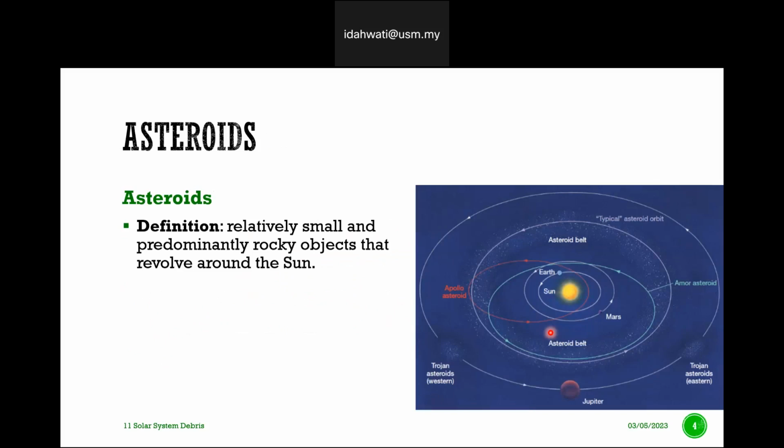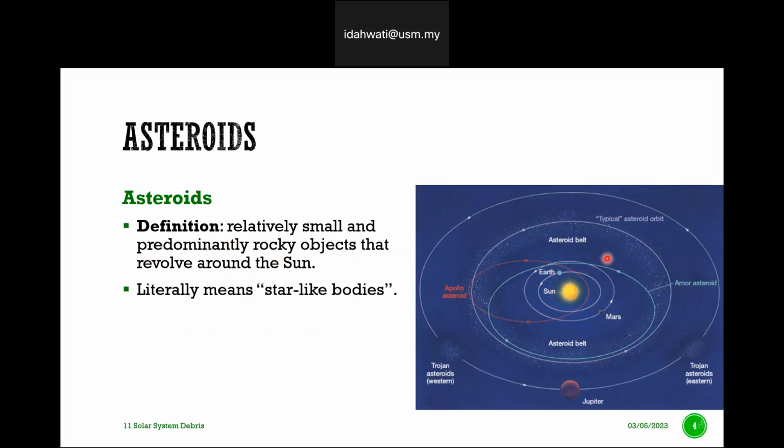So let's see the asteroid. The definition of an asteroid is a relatively small and predominantly rocky object that revolves around the sun. Here, for example, we have this Amor asteroid that revolves around the sun, and also the Apollo asteroid, the red line and the green line.